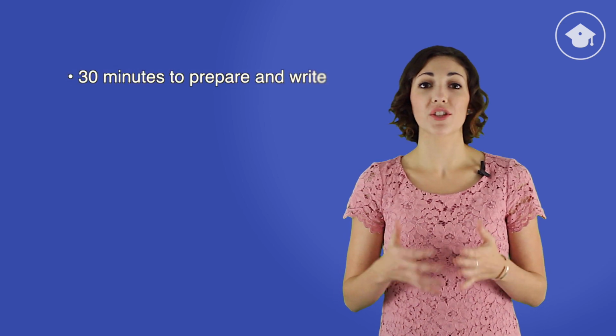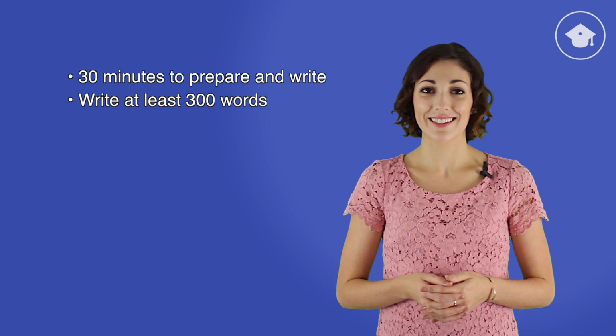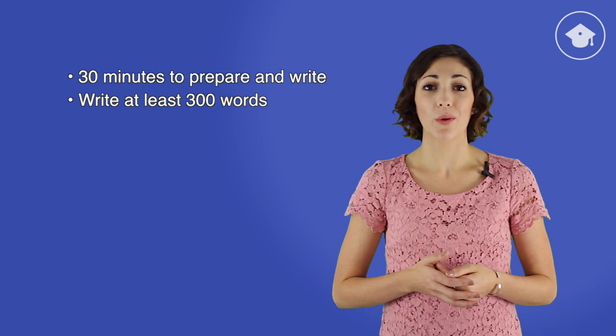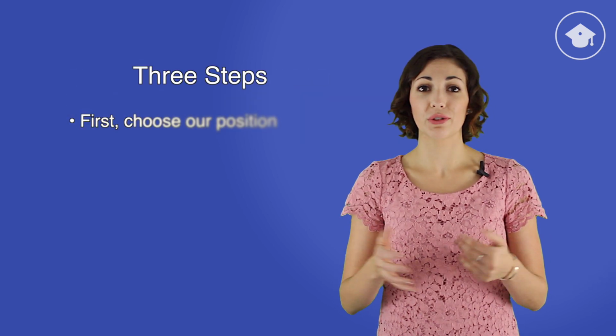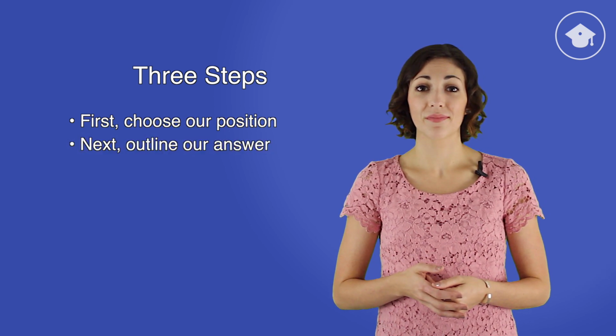After you read the question, you will have 30 minutes to prepare and write your response. You are expected to at least write 300 words. How do we approach a question like this? In 3 steps. First, choose your position. Next, outline your answer.